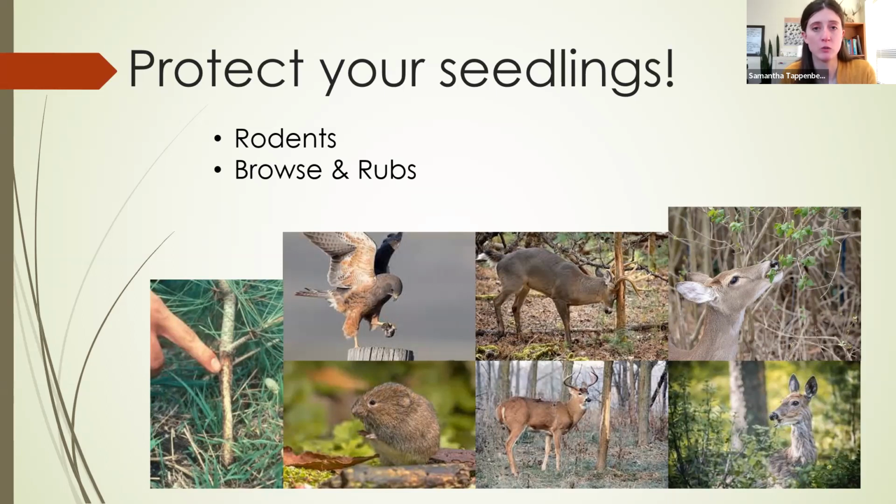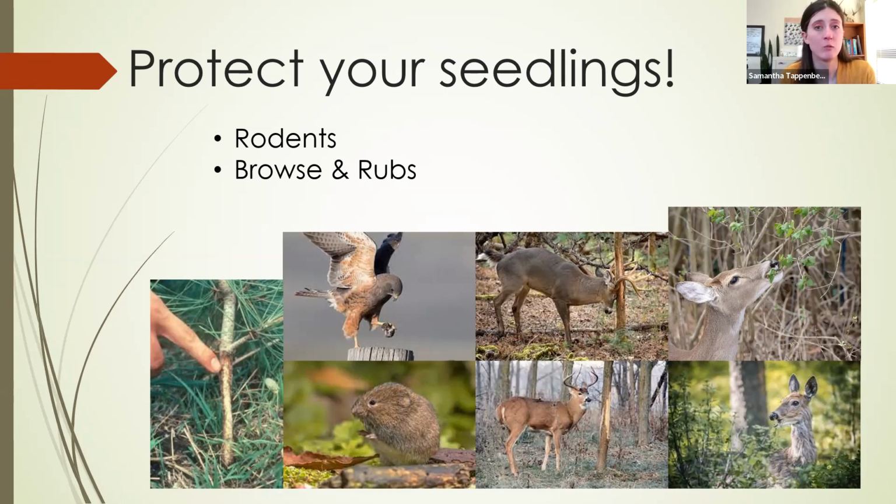Importantly, when it comes to voles, you want to keep the area around your seedlings mowed. If it's an open field where you've got a lot of grasses, that's a great habitat for voles. You'd expect to find them there.